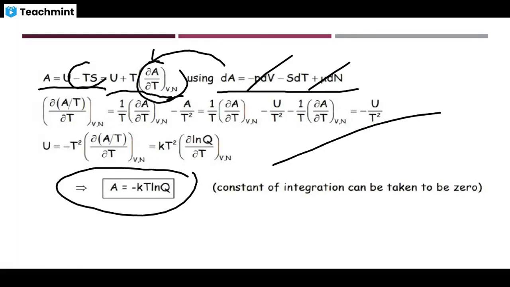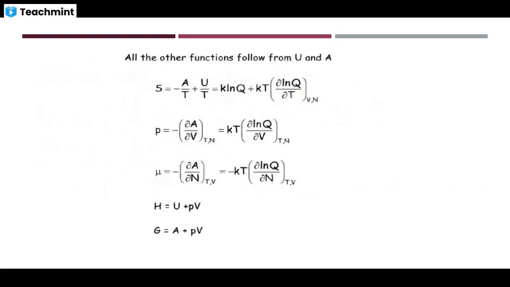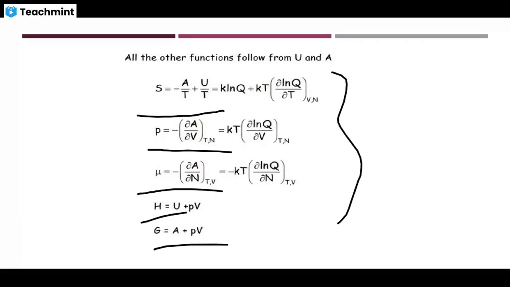This is the property of integration. If you derive this, all the other state functions, like entropy, pressure, chemical potential, enthalpy, G, are all derived from this ln Q. If you know the Q, then you can derive all these.